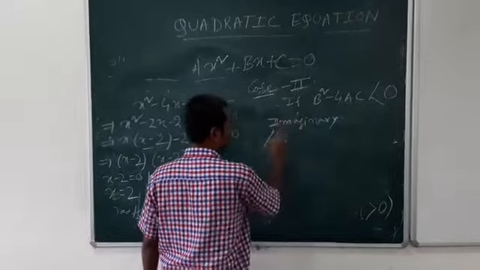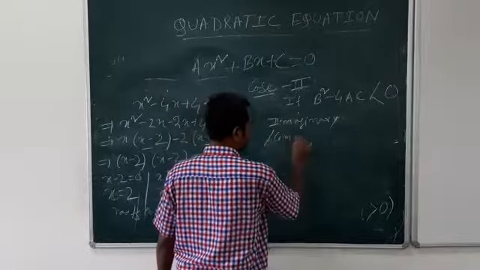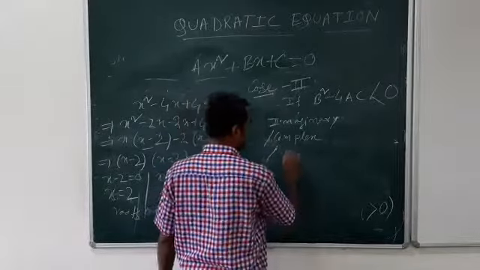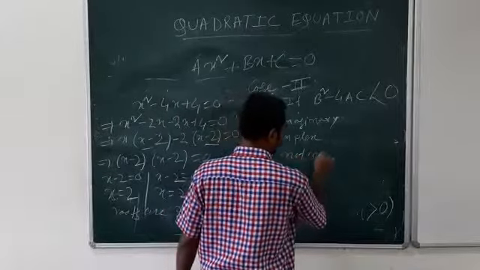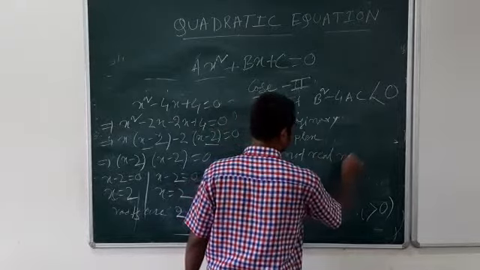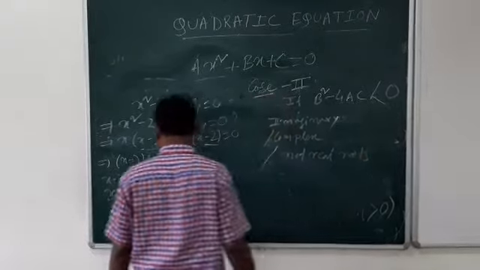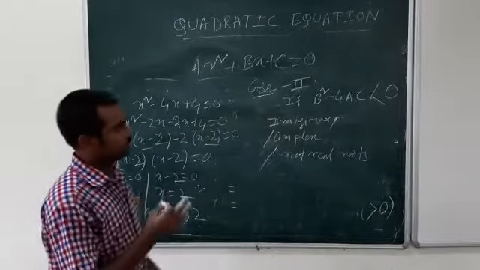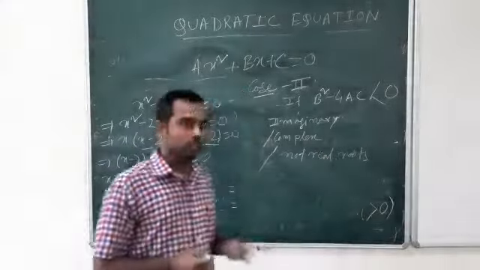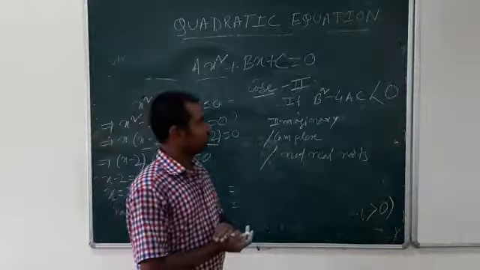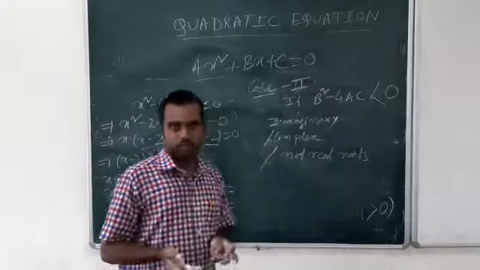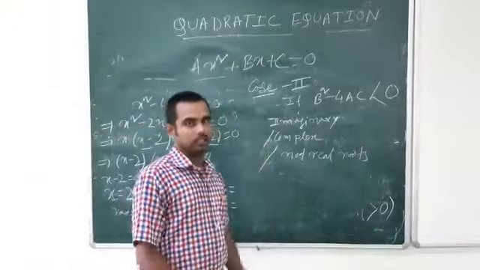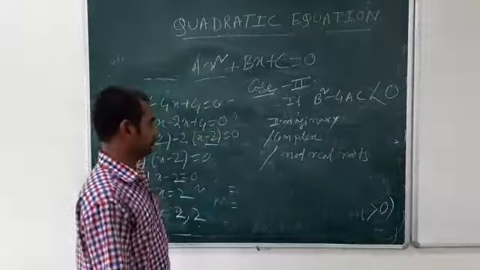Imaginary, another word is complex, or you can say not real roots. If the discriminant is less than 0, then we cannot determine any real roots of the quadratic equation.